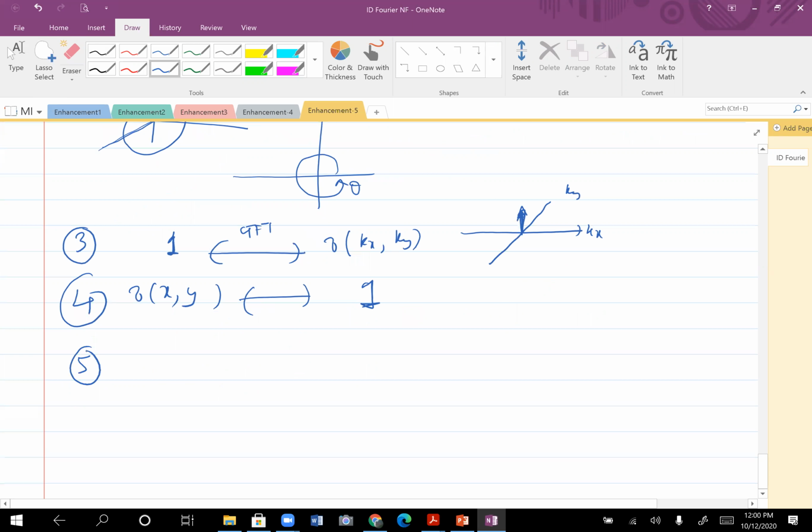Now, delta of x minus x naught and y minus y naught. Okay, so what would be the CTFT of it? What would be the CTFT of it?